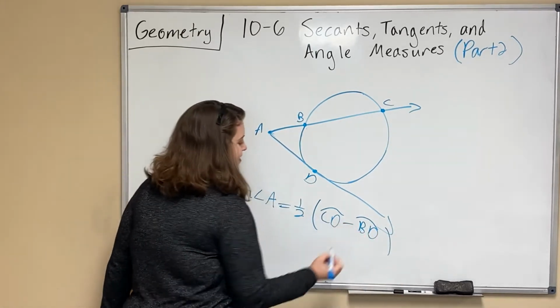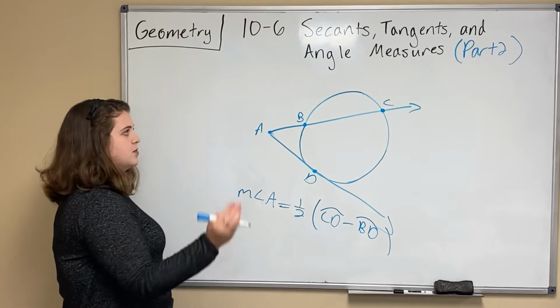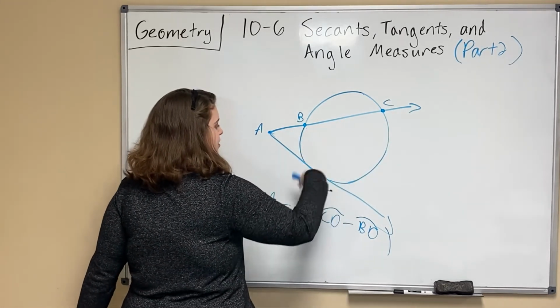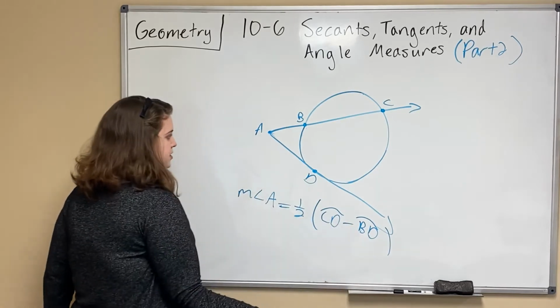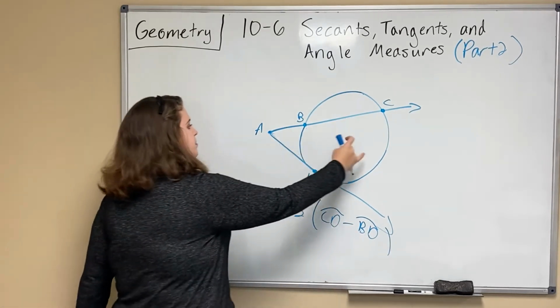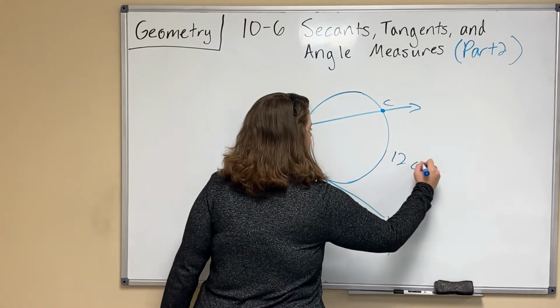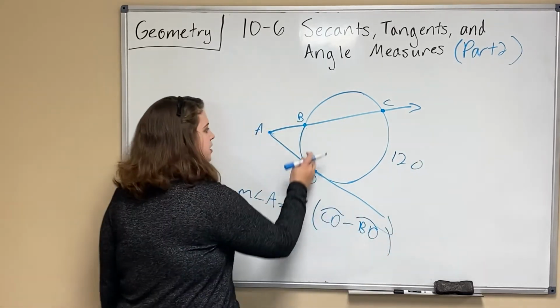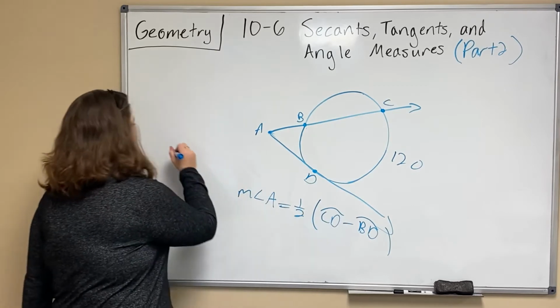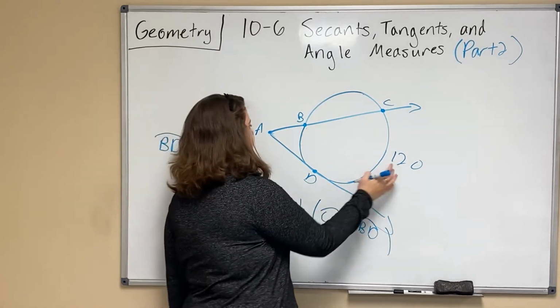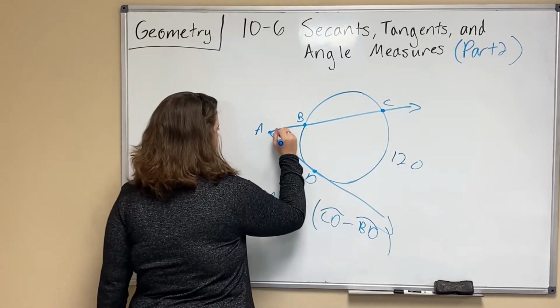So same as before, when we had two secants, we did our big arc minus our small arc. We're still going to do that this time, and they're just going to be bigger numbers. So say this is more like 120. Let's look at, I'm asking you for what is BD. What if I gave you that this was 120 and this was a 30-degree angle?